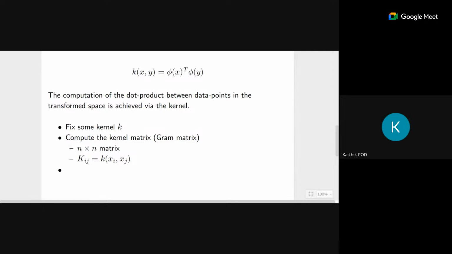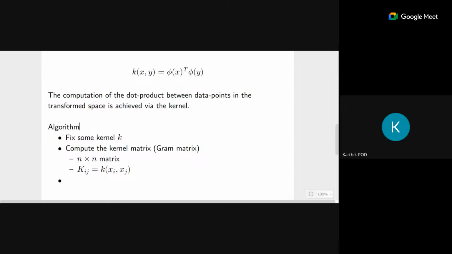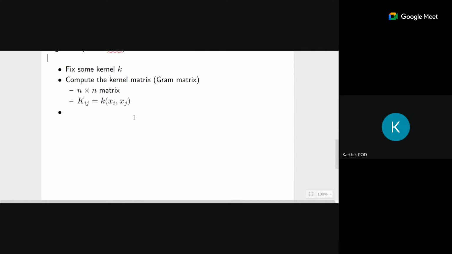Once you get the matrix, this is the algorithm, Kernel PCA. You compute the eigenvectors and eigenvalues of K. Let's call the eigenvectors v1 through v r, and the corresponding eigenvalues lambda 1 through lambda r.